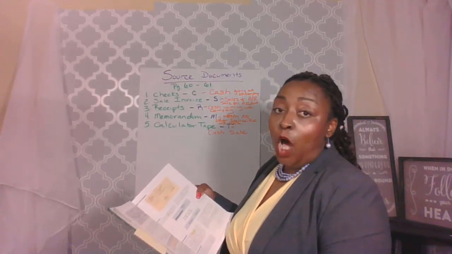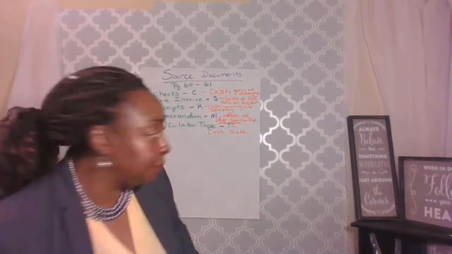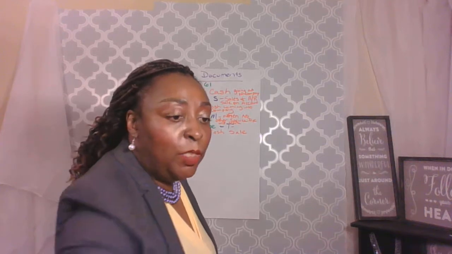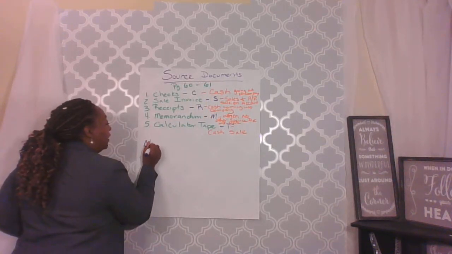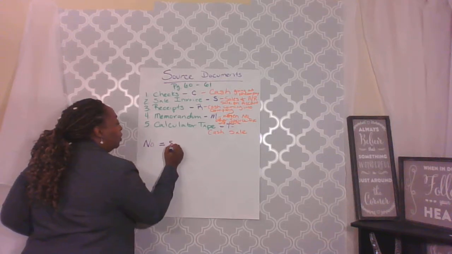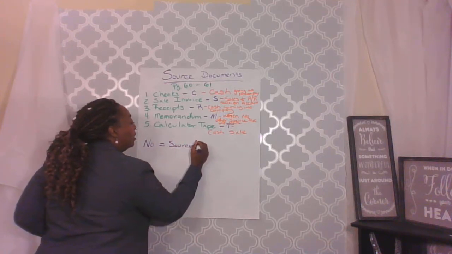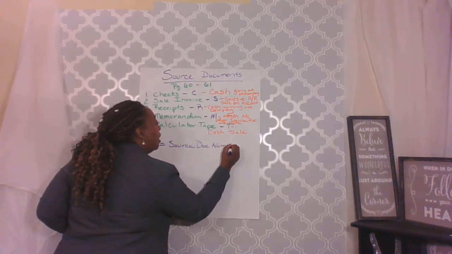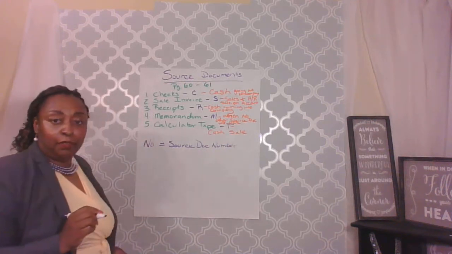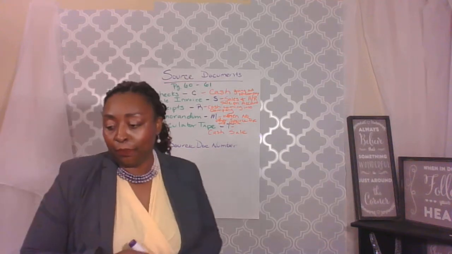NO always represents the source document number. That's something you want to let them know. NO on documents equals the source document number. All source documents are numbered, all of them.